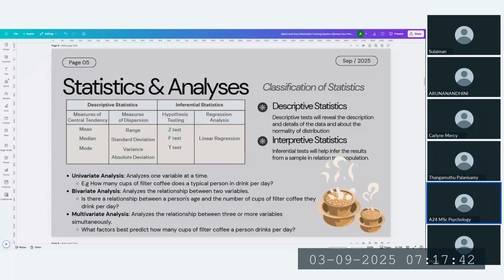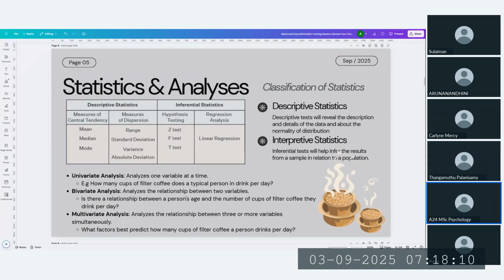Now, there are two concepts we need to understand. One is statistics. What are the types of statistics? There are two kinds of statistics. One is descriptive statistics. These are statistics that describe the details of the data. What is the range of the data, from where to where?